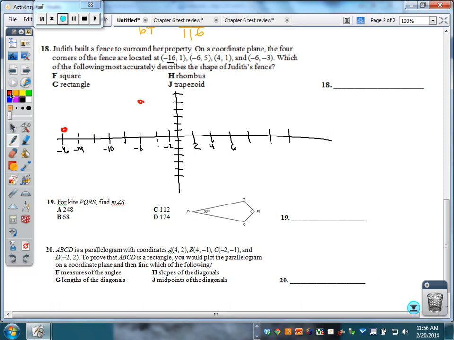So we have 4, 1, and then -6, -3. That looks about right. Let's verify this. -16, 1, -6, 5. We have 4, 1, and -6, -3.